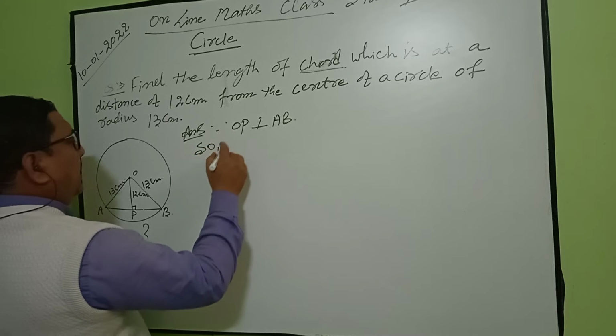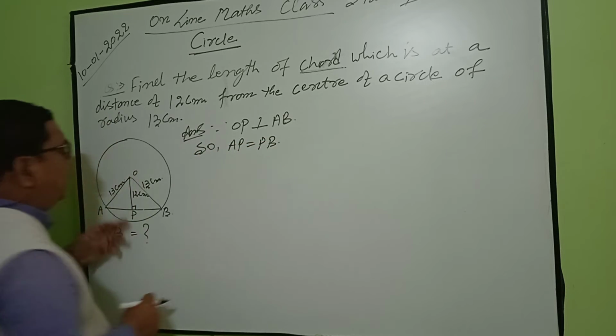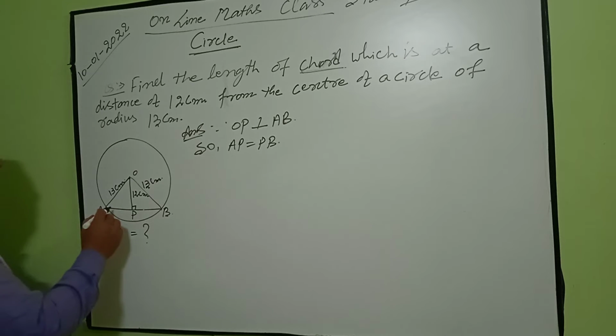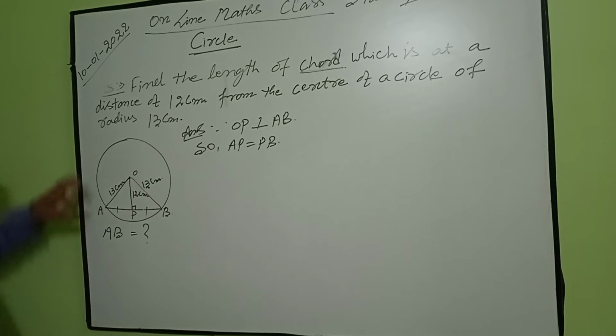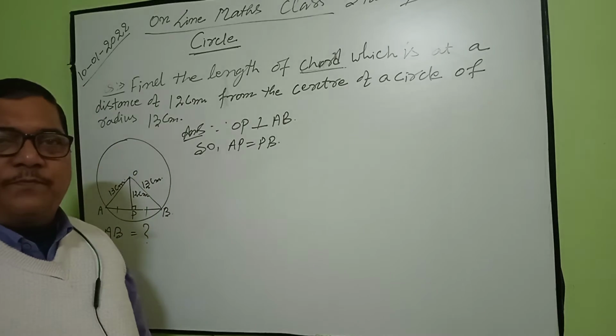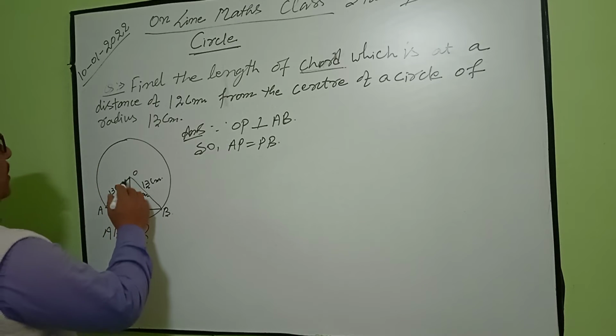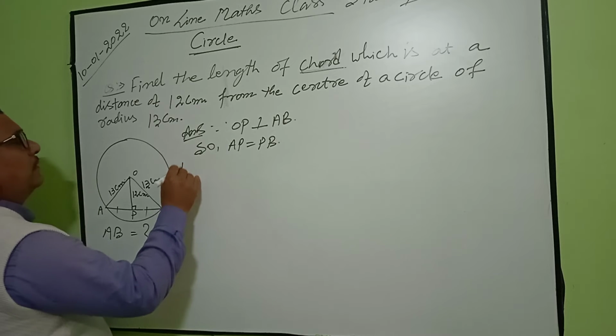So AP equals PB, which means the chord is divided equally into parts. AP equals PB. Okay. Now we will take triangle OPB.